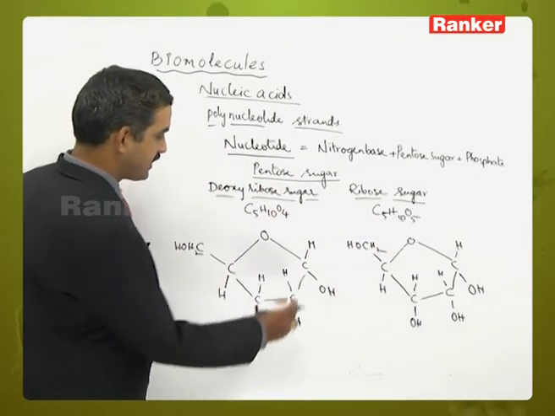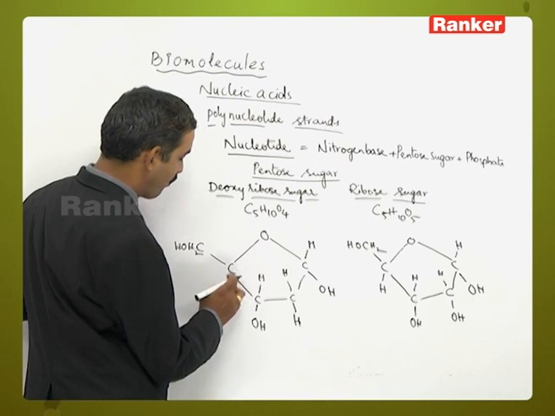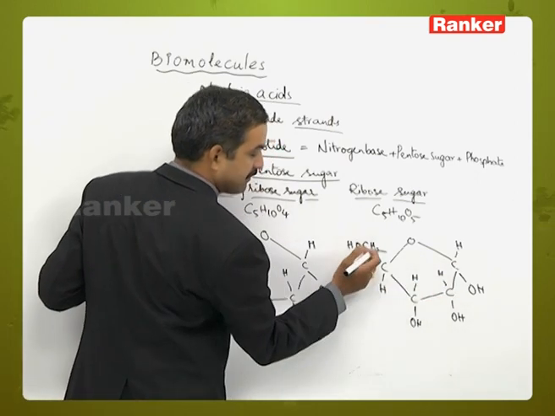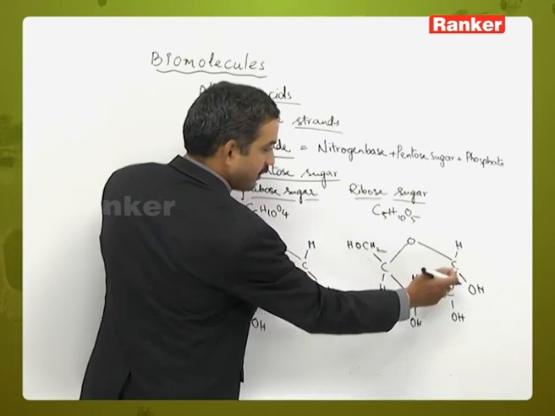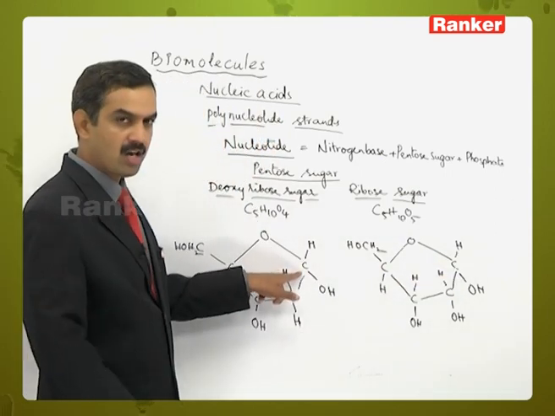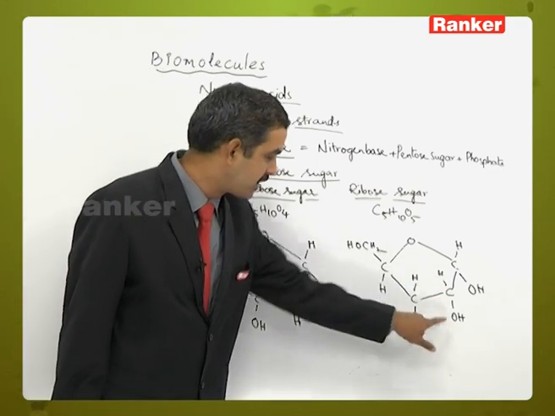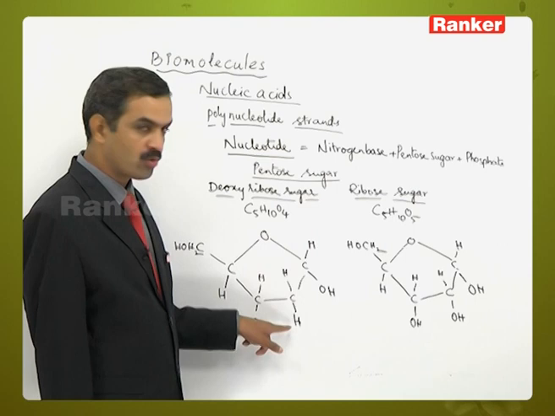So here this is the first carbon, second, third, fourth and fifth carbon. The first carbon is the same, with hydrogen and hydroxyl group on it, but in the second carbon, hydrogen and hydroxyl group are there, whereas here two hydrogens are present.